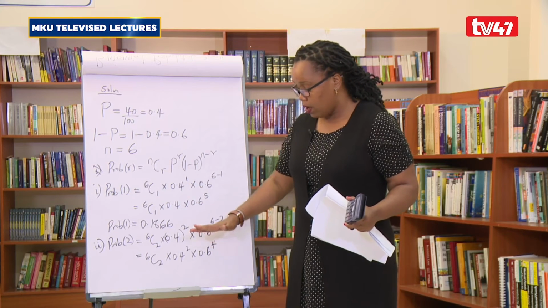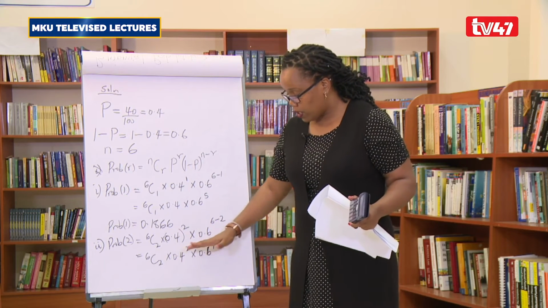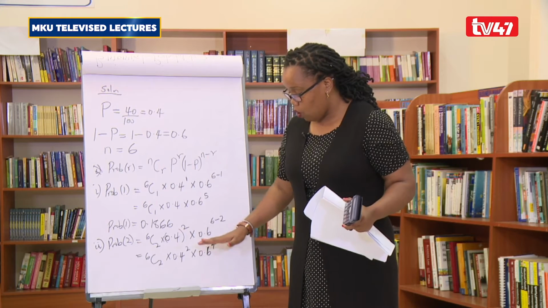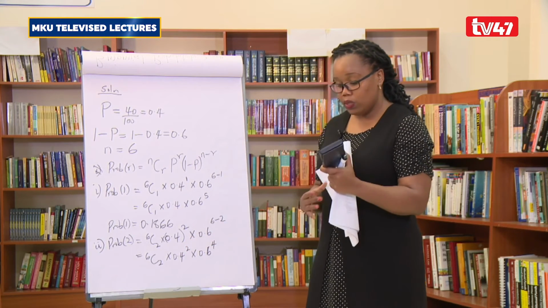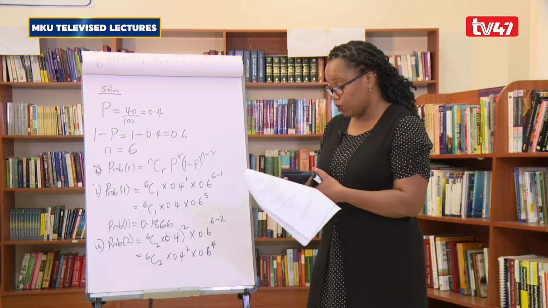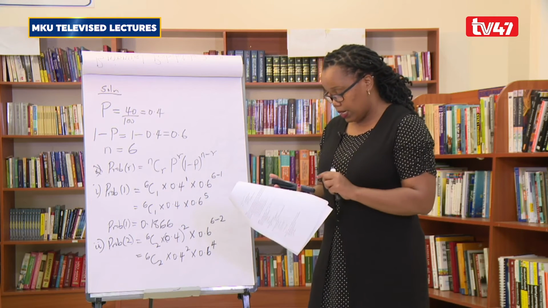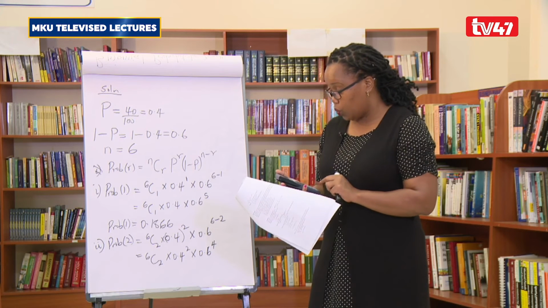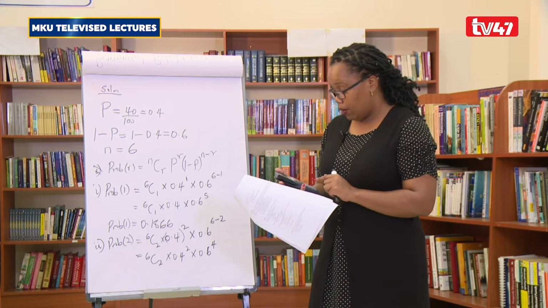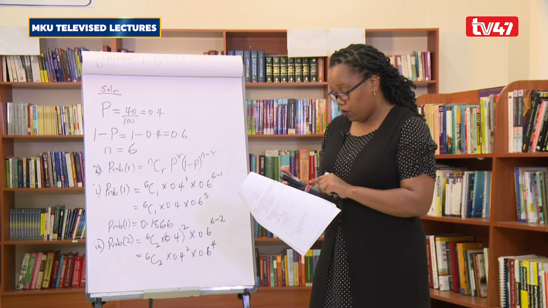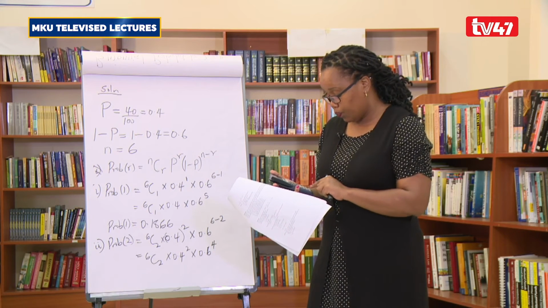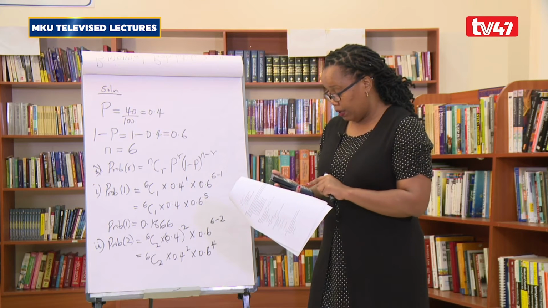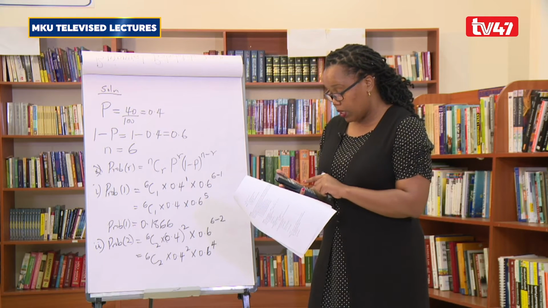So make sure the powers of success and failure add up to the sample size. So if we calculate that, 6 combination 2 multiplied by 0.4 raised to power 2 multiplied by 0.6 raised to power 4.